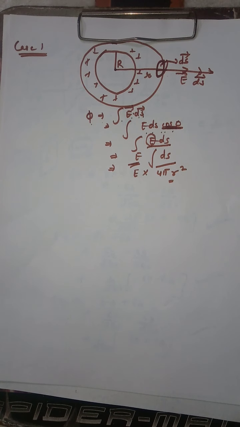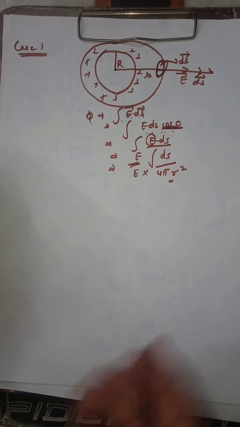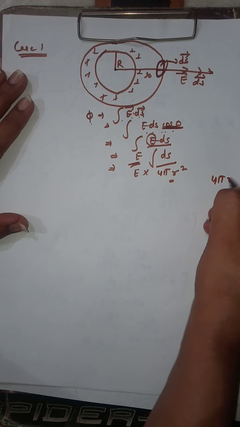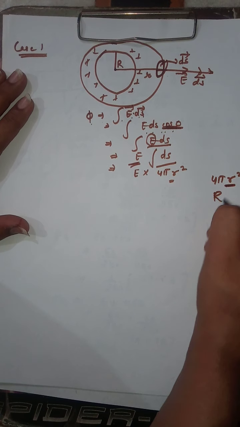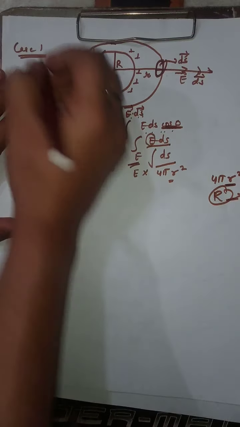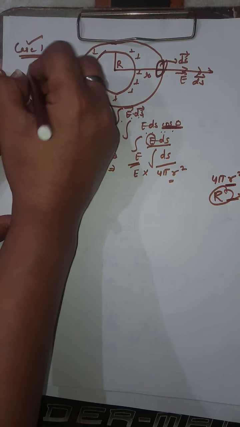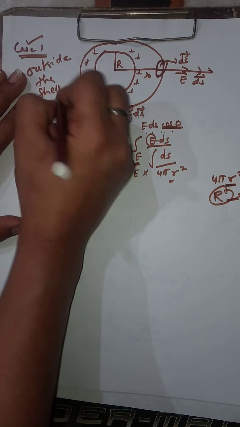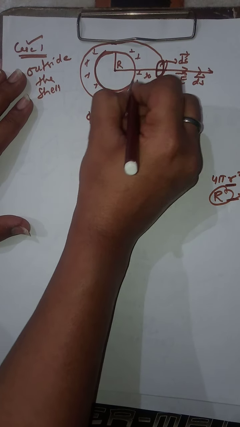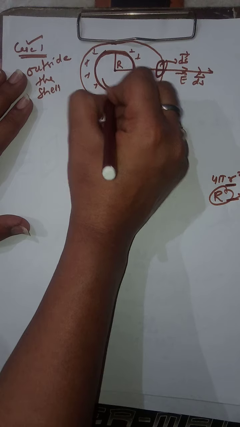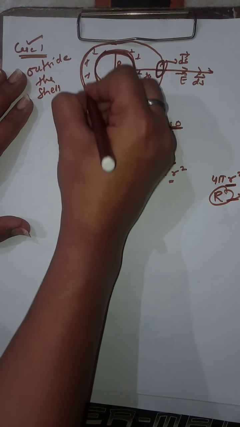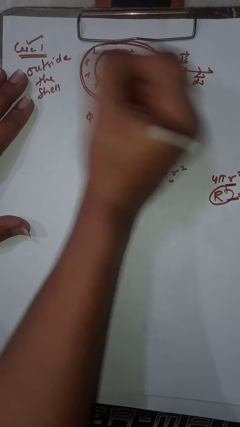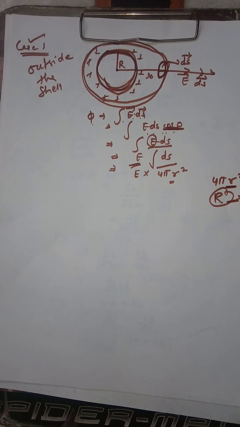Here the important thing to note is we have taken 4 pi r square, a small r, not a capital R, because we are considering the first case, outside the shell. This is our spherical shell. We have considered a region outside our spherical shell.